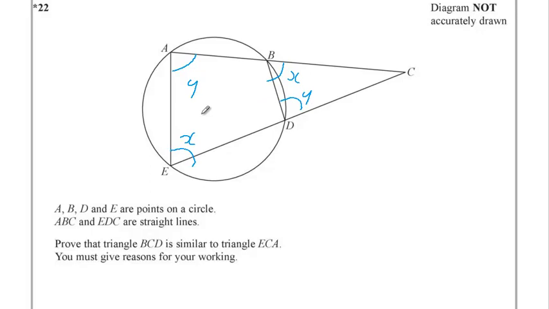Okay. There's a couple of principles we need about cyclic quadrilaterals. The angles inside will add up to 360, but more importantly, the opposite angles add up to 180. So this one here, ABD and AED will make 180.